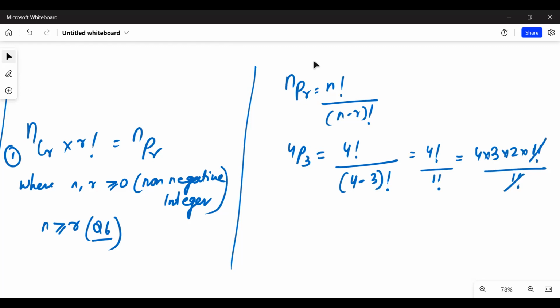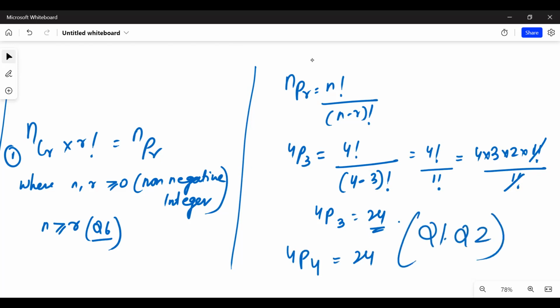So 4P3 is equal to 24. Similarly, if you find the value of 4P4, that will also be 24. Question number 1, question number 2 in exercise 5A.